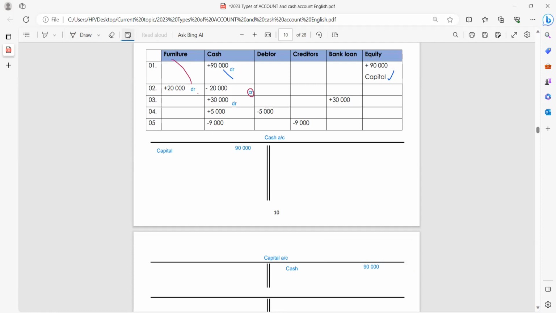We open a furniture account, furniture account debit 20,000. Because it goes to cash account, and we don't want to open another cash account, in the same cash account we can write furniture 20,000.